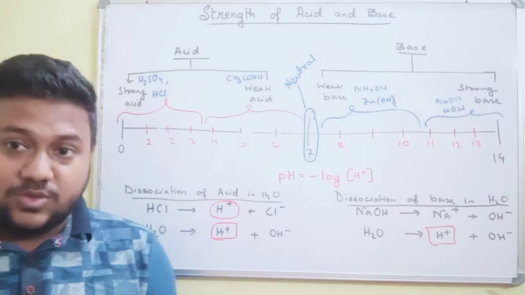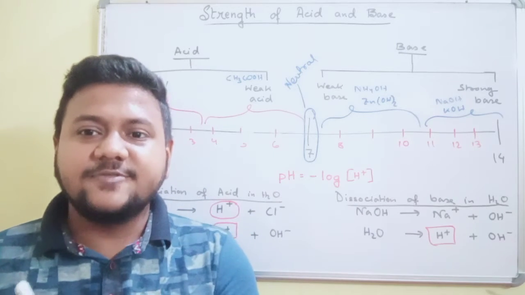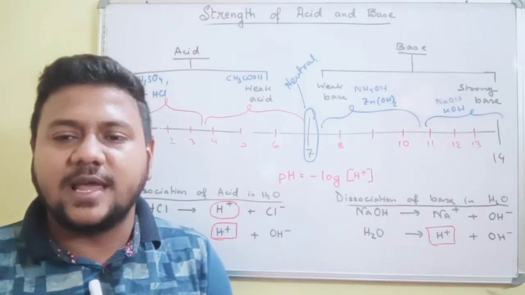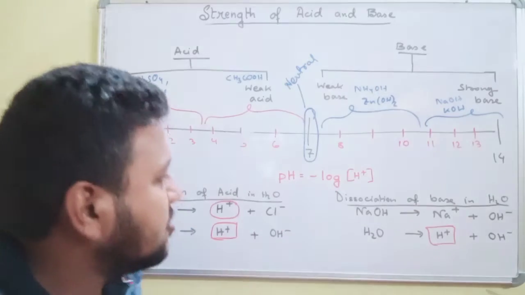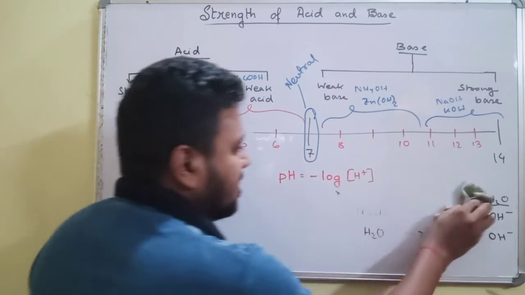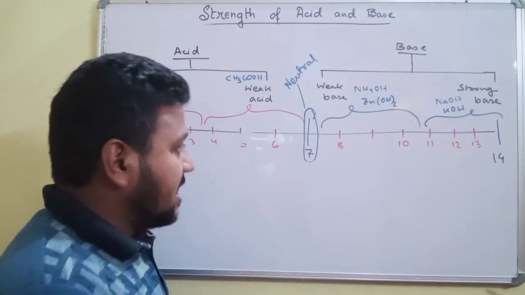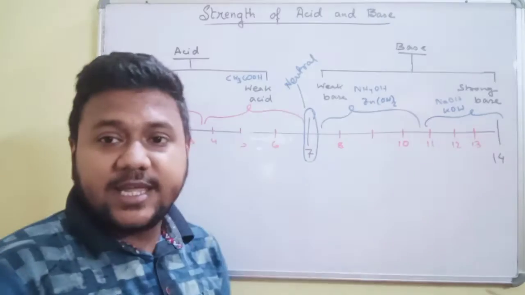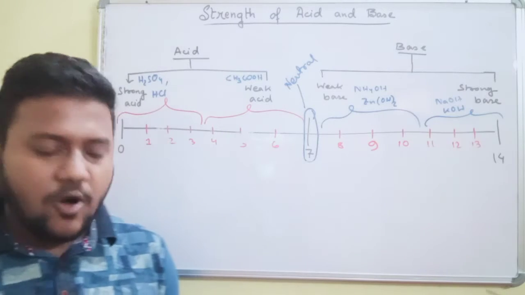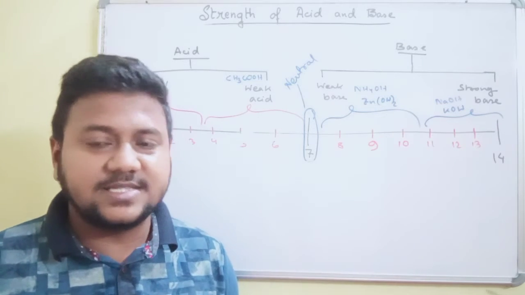The very important part of universal indicator is that it gives a different color for different pH values. Universal indicators are a special type of indicators that give a different color for different values of the pH scale. It is a mixture of colors. Now let us see what colors they give.